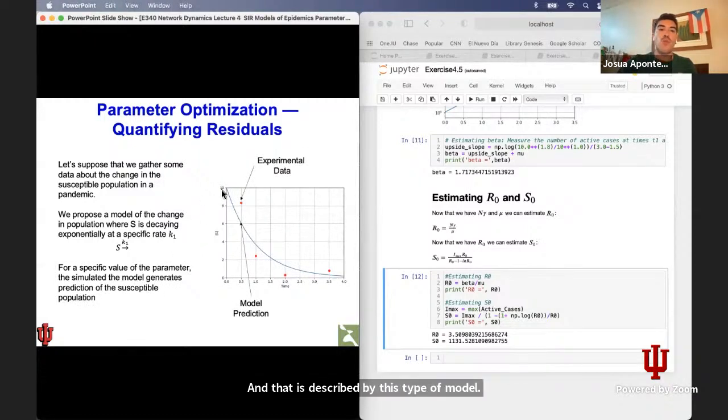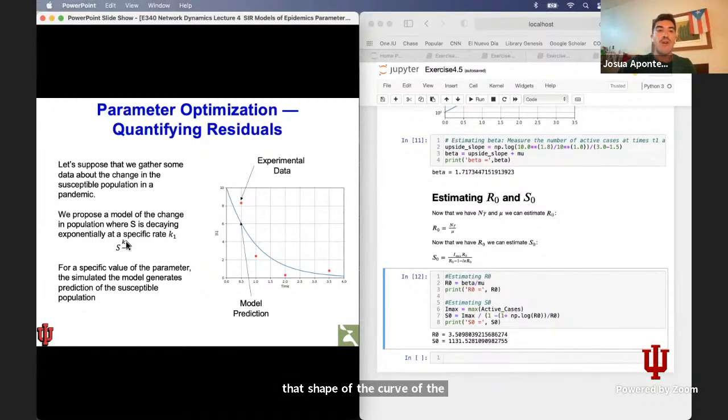There is just one parameter, the decay rate, and the initial number, but let's say we know the initial number. That parameter determines the shape of the decaying curve.